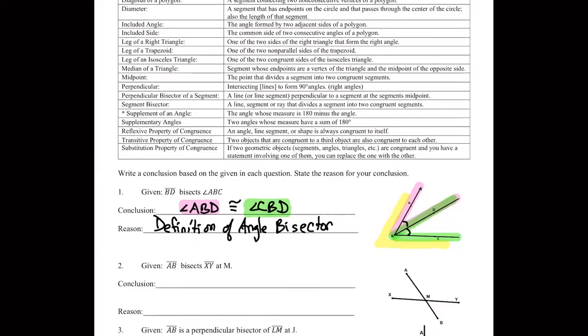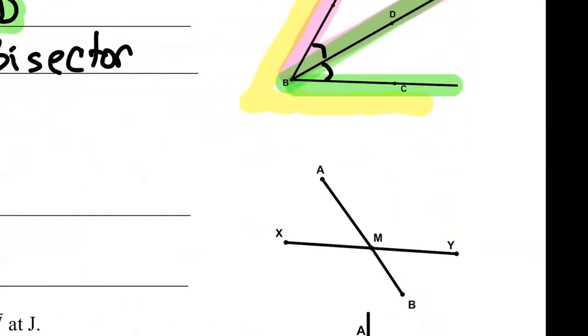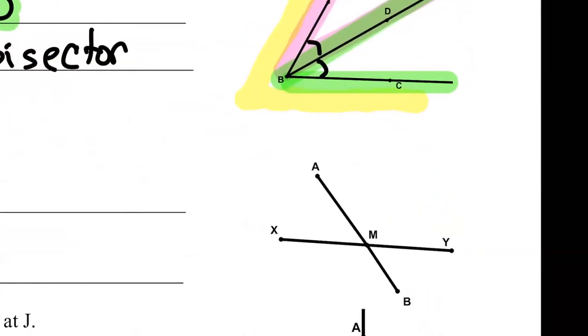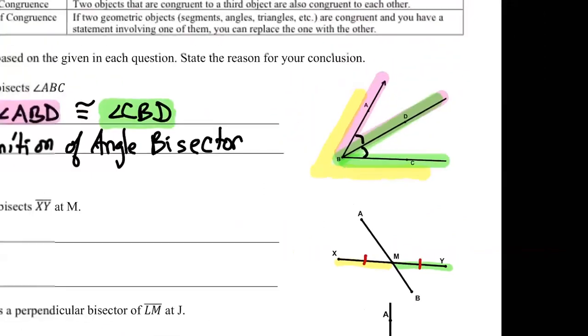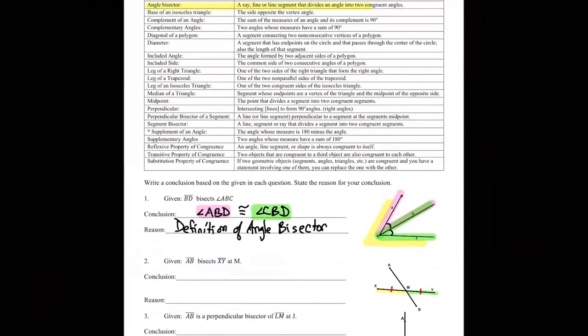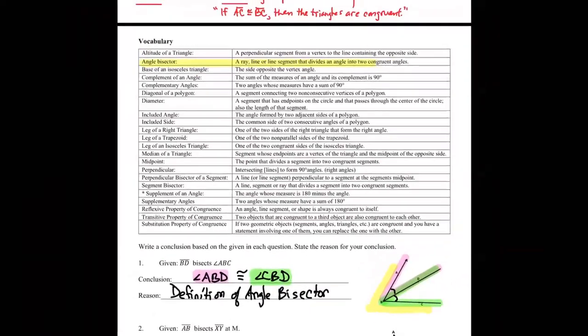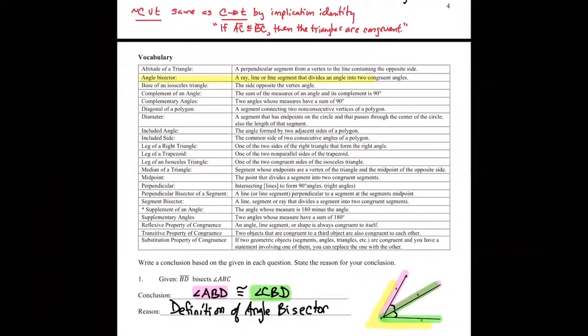So that's telling me that these two pieces are halves of the whole, right? Which would mean that they're congruent to one another. And we could use the definition of a line bisector to cover that.